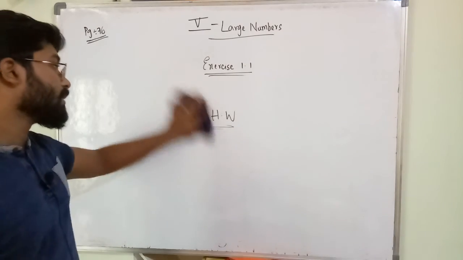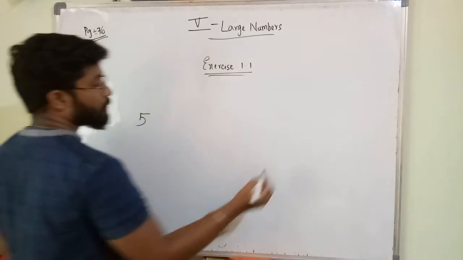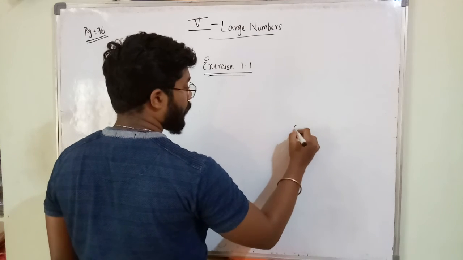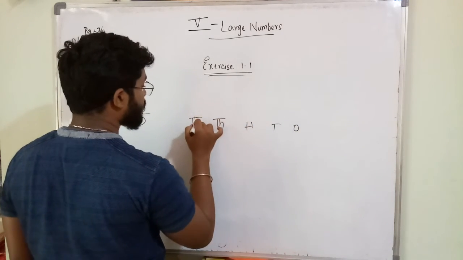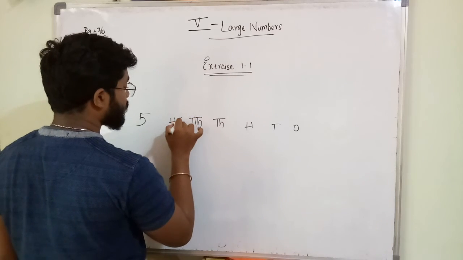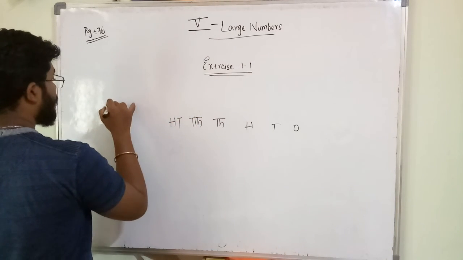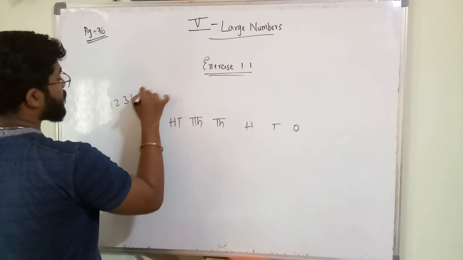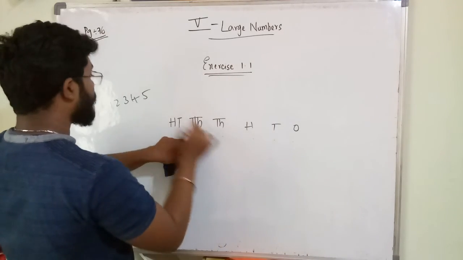It is very easy. If he has given a 5-digit number, for example, from ones place you count ones, tens, hundreds, thousands, 10,000s. Suppose 1 2 3 4 5, this is a 5-digit number. From here you have to start writing.